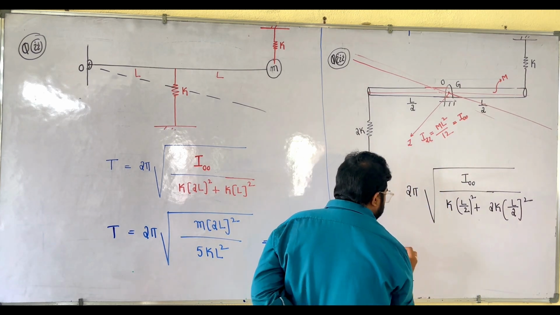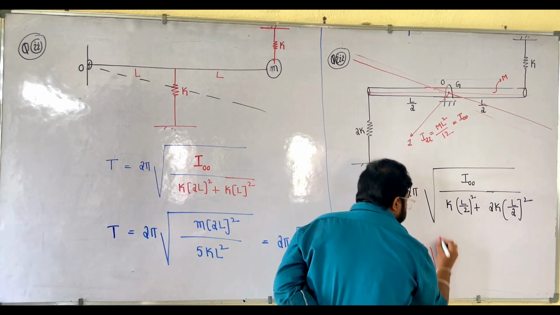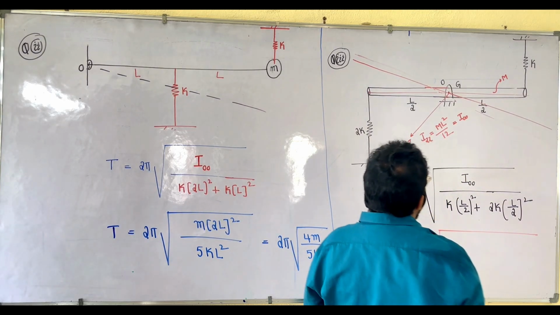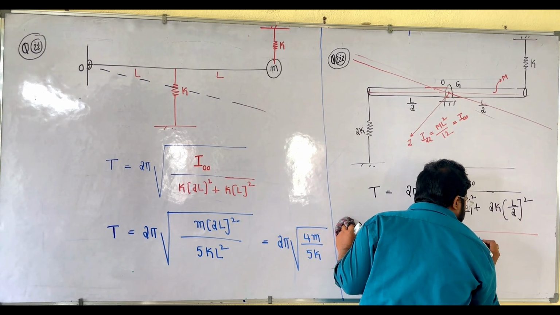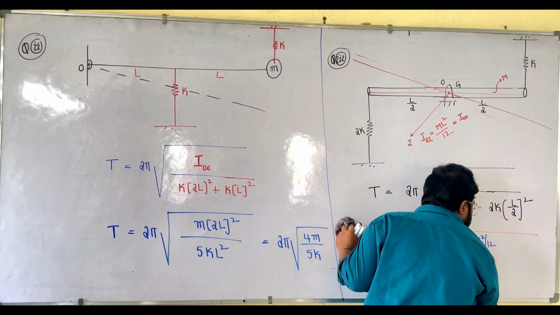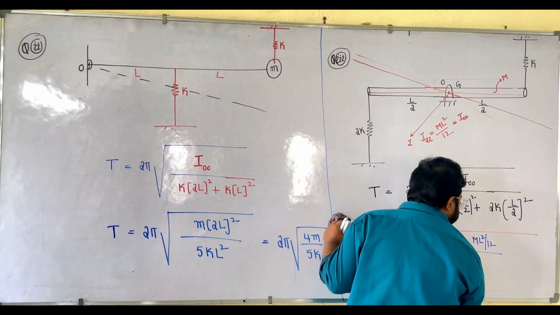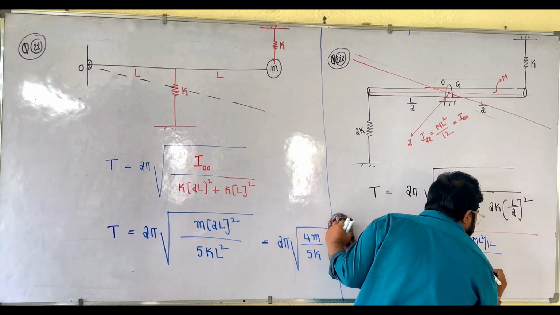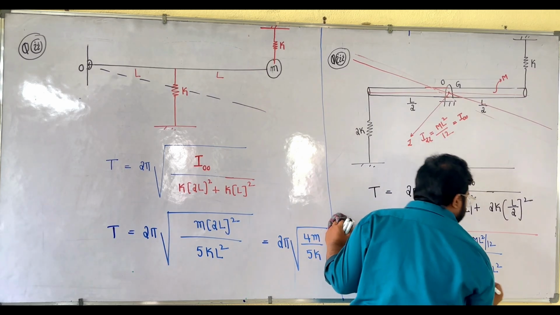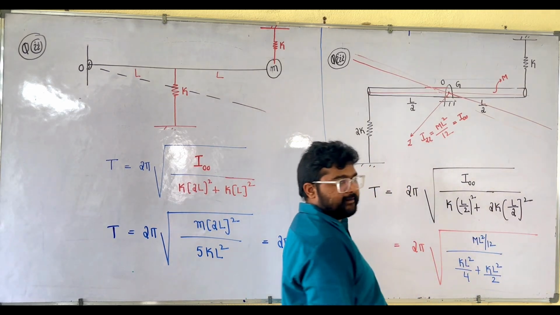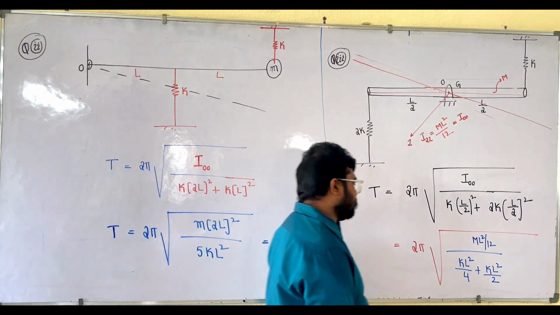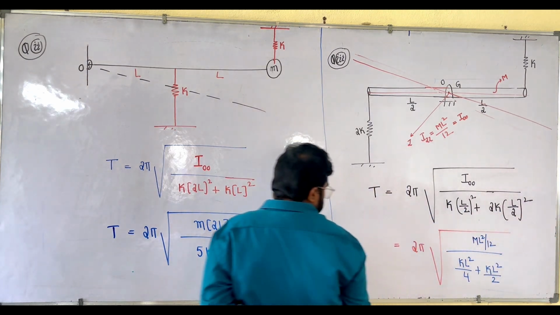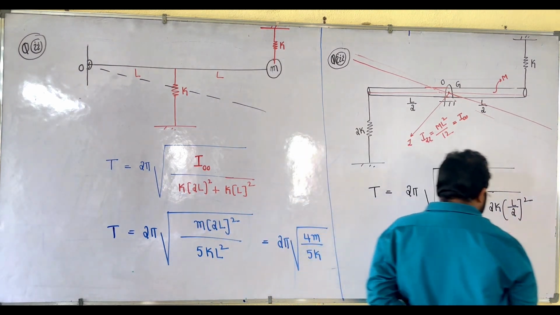Now tell me, the time period equals how much? 2 pi square root of ML square by 12 divided by KL square by 4 plus 2KL square by 4. L square gets cancelled out.